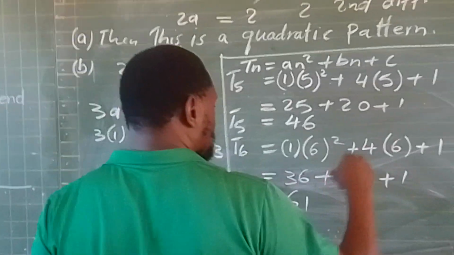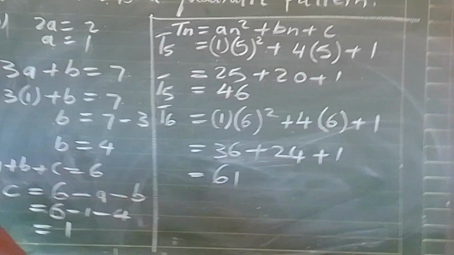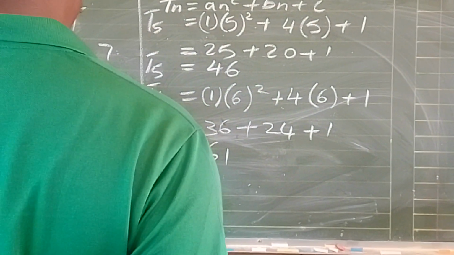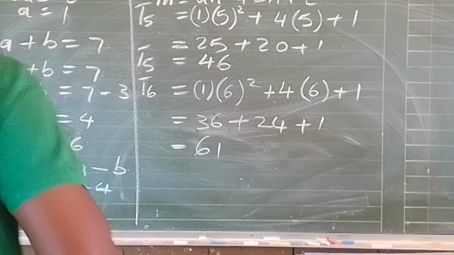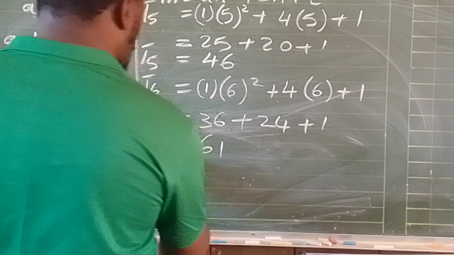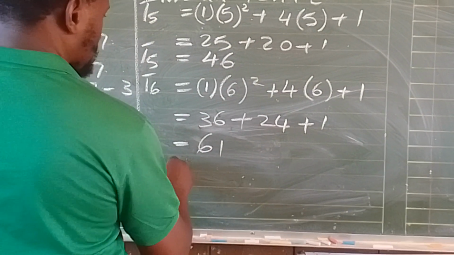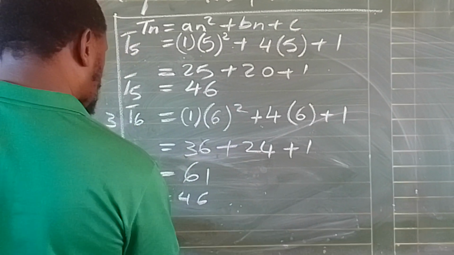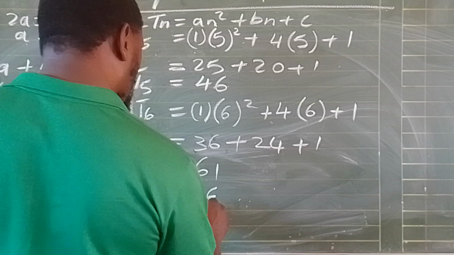Then the question says find the next two terms of the pattern. The next two terms of the pattern are going to say T5 is equals to 46. T6 is equals to 61.